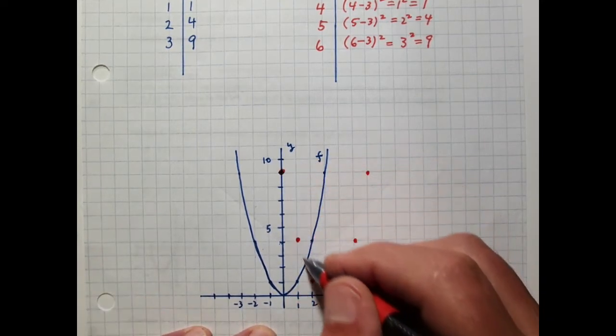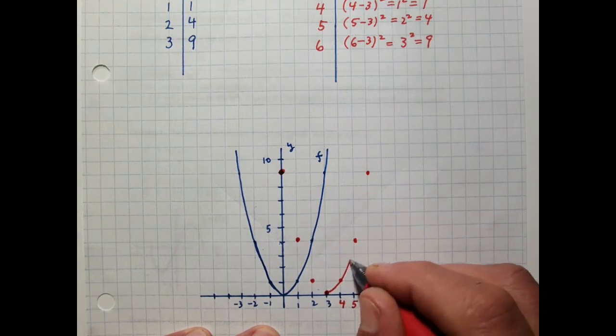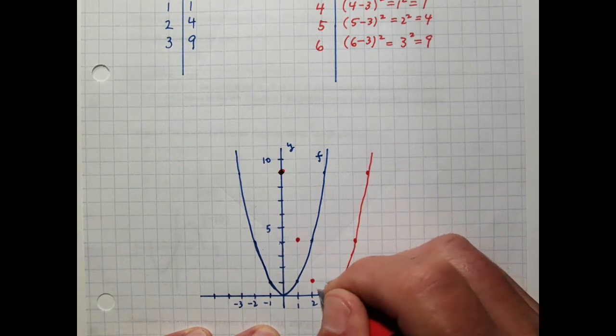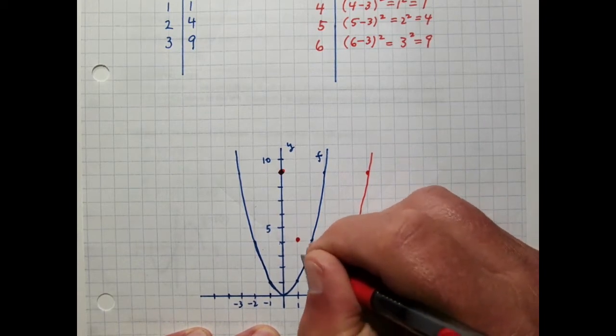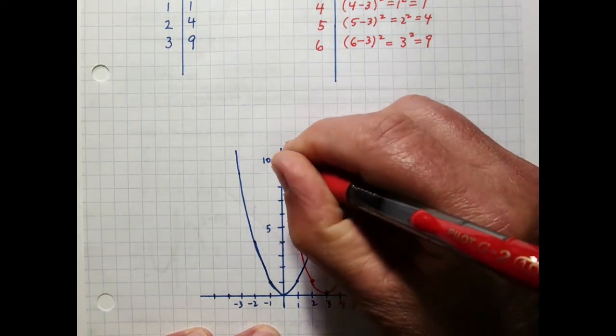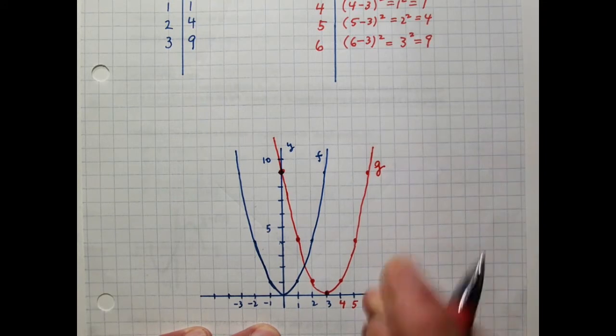I think I want you to see these are in the same arrangement as we had before, so I think we can see the graph would be a U shape in this position. And so here's our graph of g.